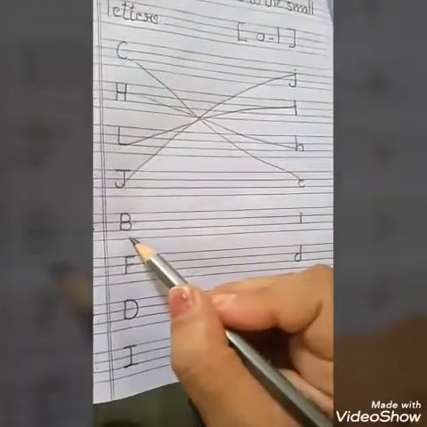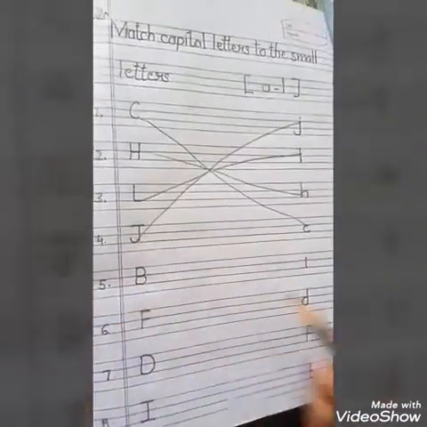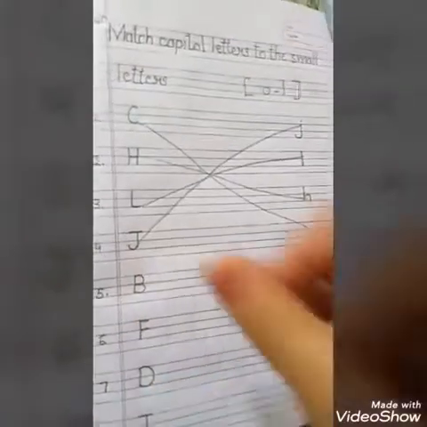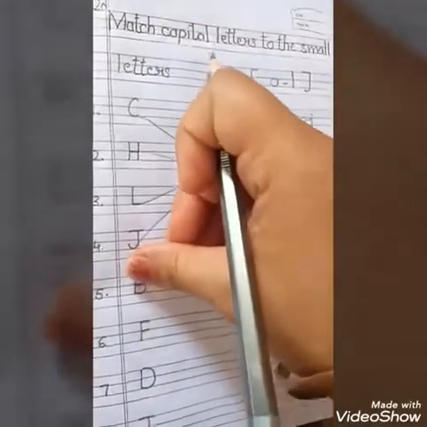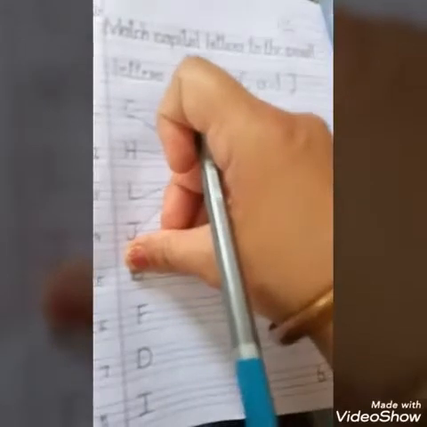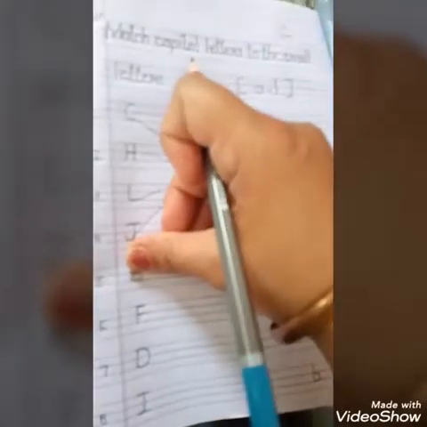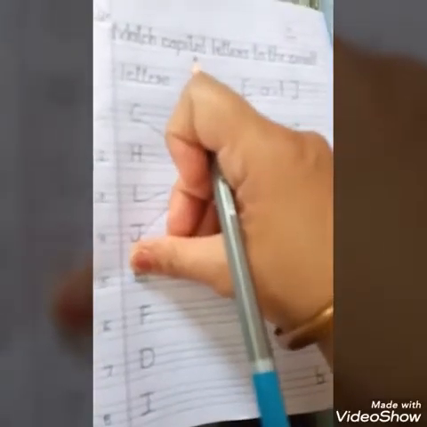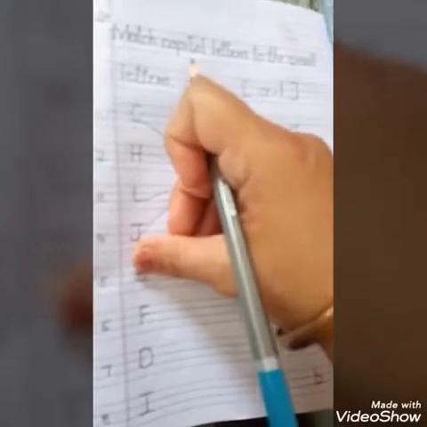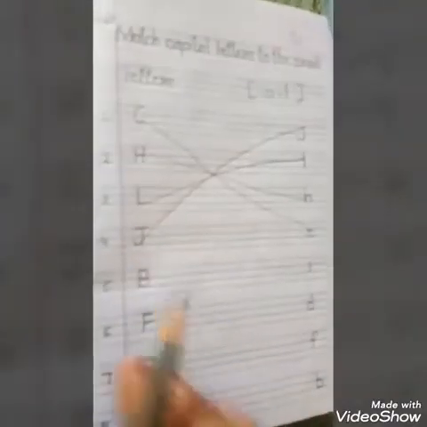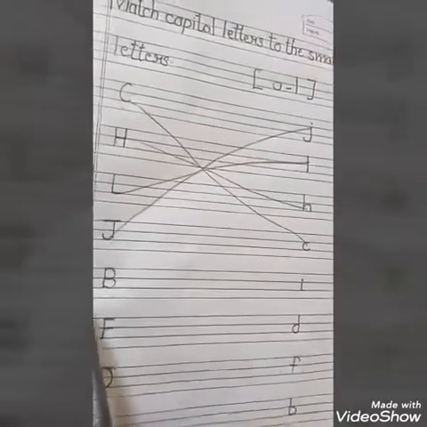Now come forward. B. If we cover the upper curve of the capital B, we will be able to know about the B, right? Small b. It's a small b, right? But we will find it in this place. Where is B? Like this.